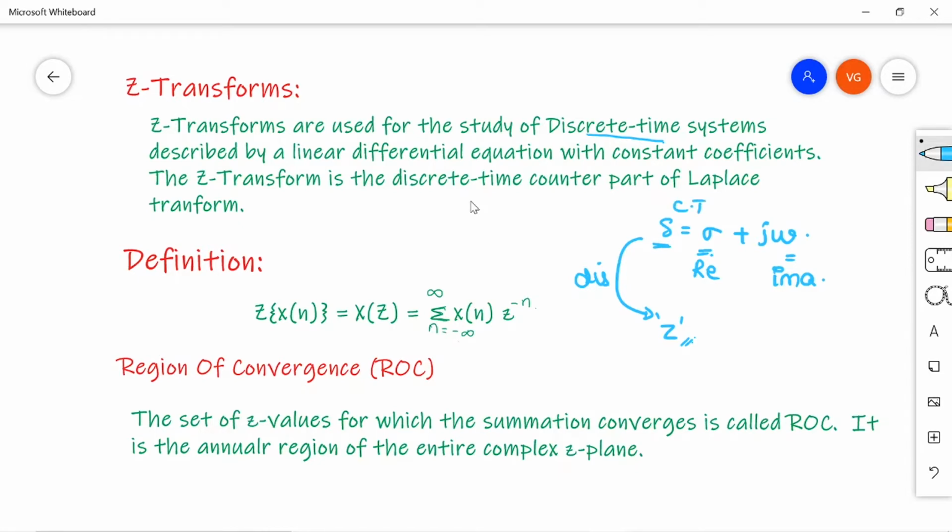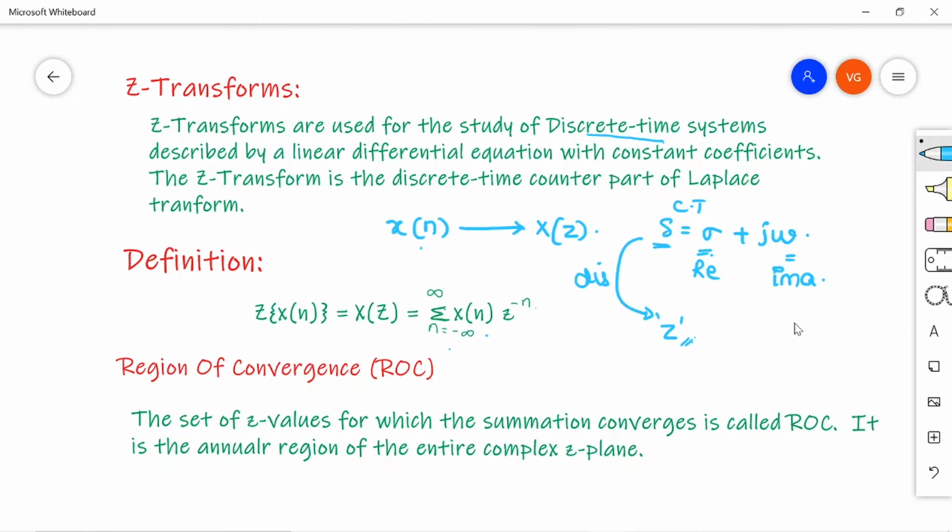Now, coming to the definition, as I am telling, it's a discrete time signal, so n will come. If you are considering a discrete time signal x of n, then the Z transform of that signal is defined as X of z. X of z is equal to sigma, n running from minus infinity to infinity, x of n z power minus n.